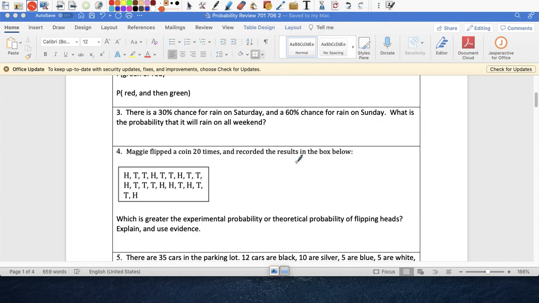Next question talks about theoretical and experimental. So I'm going to break it up into 3 parts. Remember what theoretical is, and remember what experimental is. So experimental probability, you need an event to happen. You actually have an experiment happening and you're looking at those results.